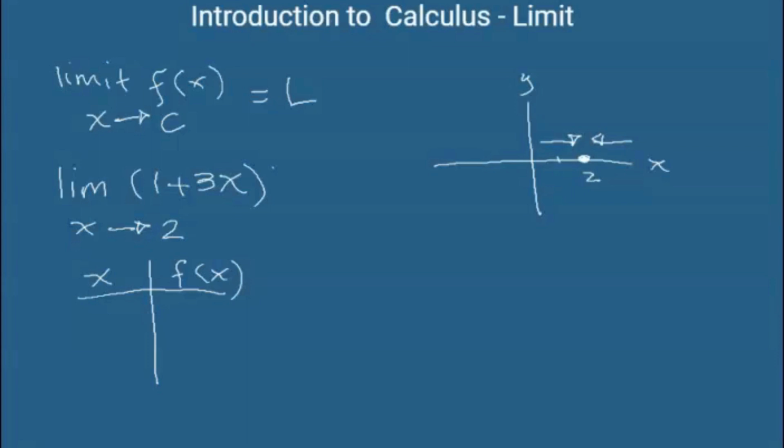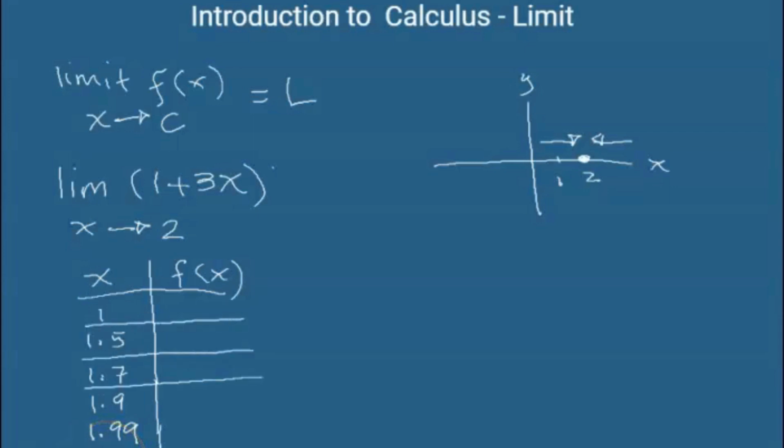So what are the numbers that approach 2 from the left? That would be 1, 1.5, 1.7, 1.9, we have 1.99, and let's substitute these values in 1 plus 3x.